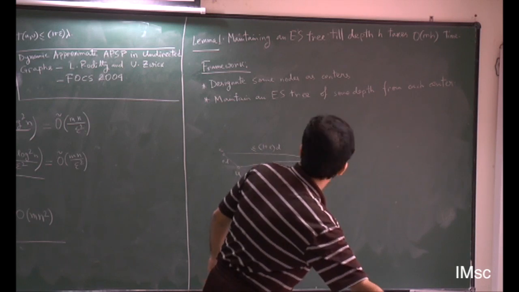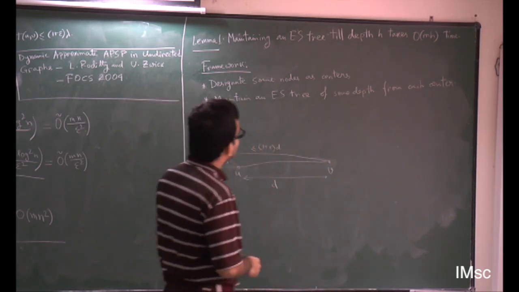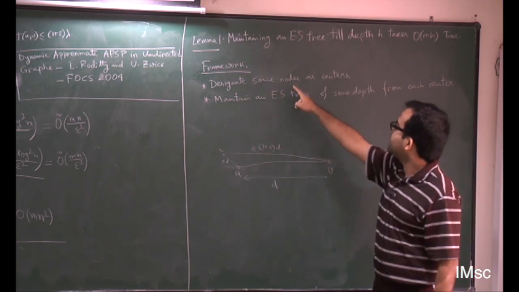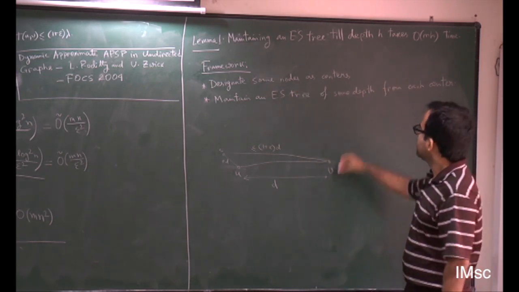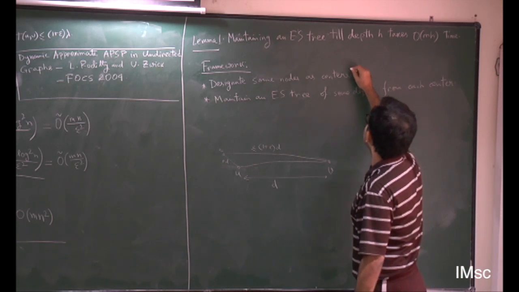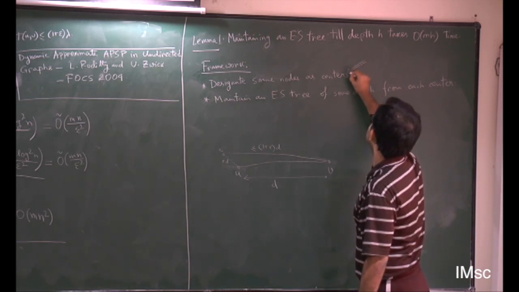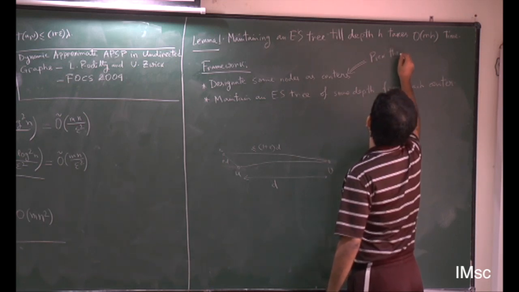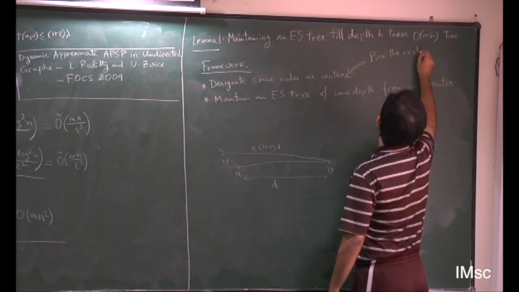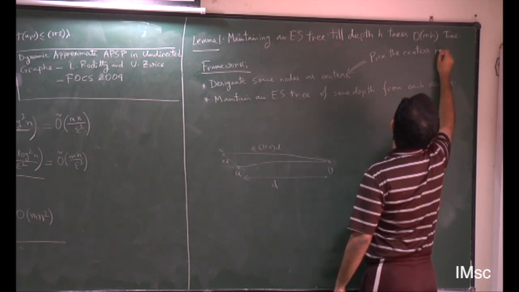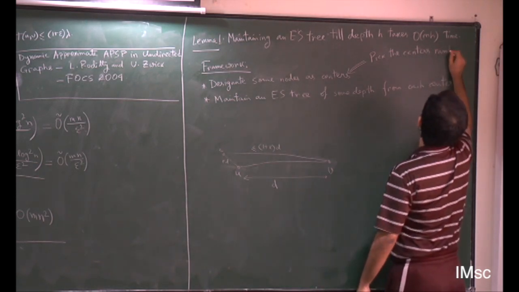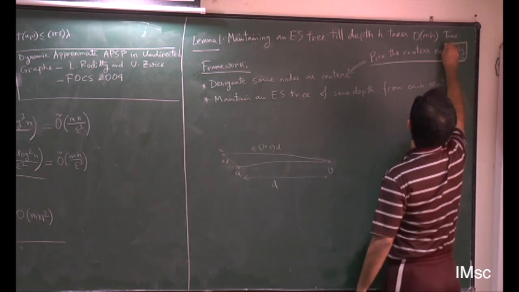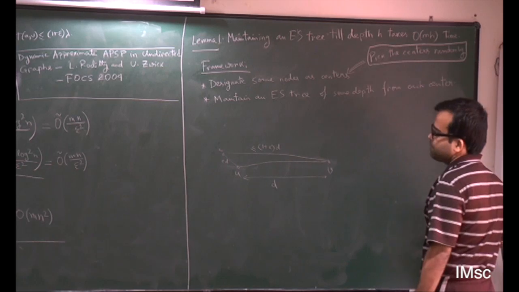So, to implement this, to designate some nodes as centers, we will use a simple random strategy. So, the strategy is to pick the centers randomly with some probability. Okay.